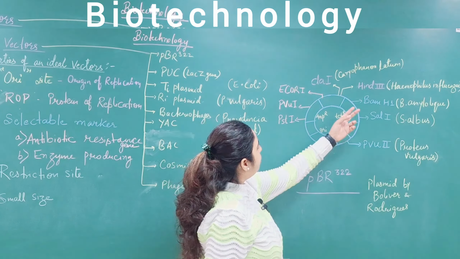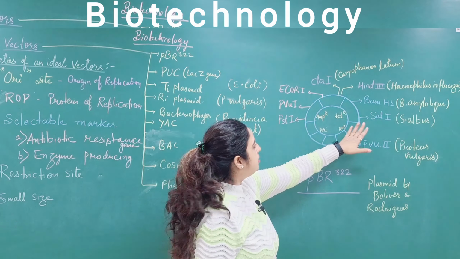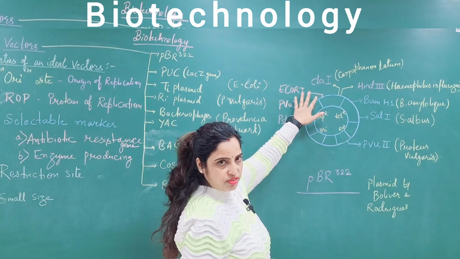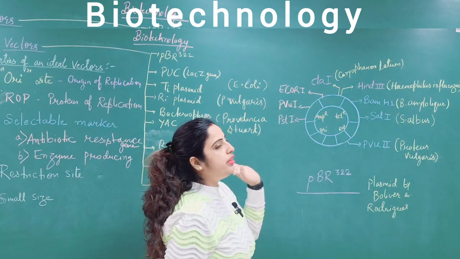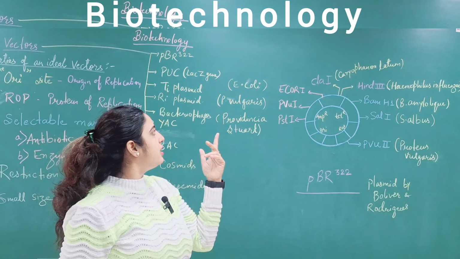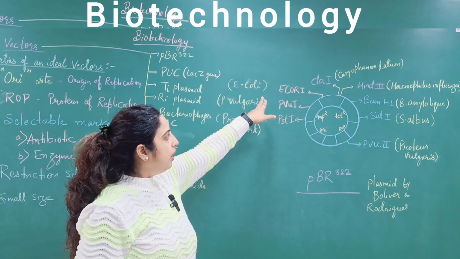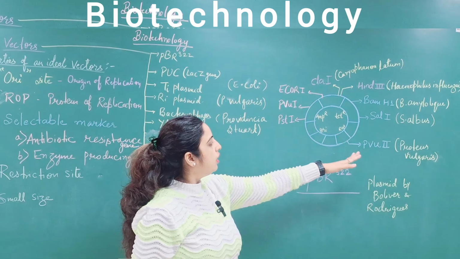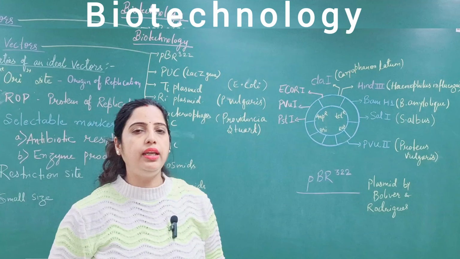So how do we name these restriction enzymes or the restriction sites? I have already told you in the previous video, like EcoRI was extracted from E. coli, and this was the strain number 1, and accordingly the nomenclature is given.